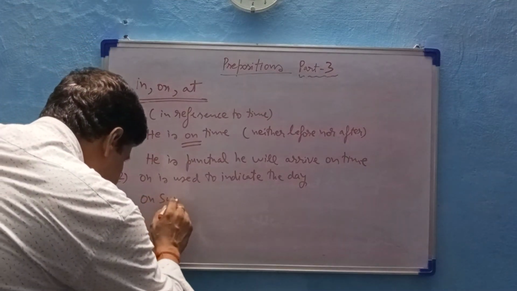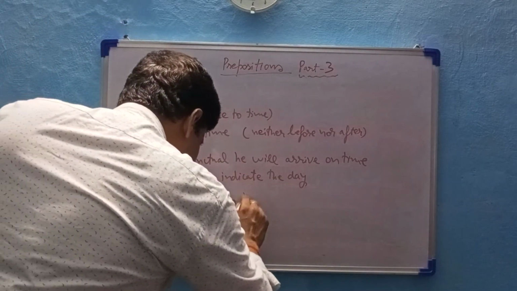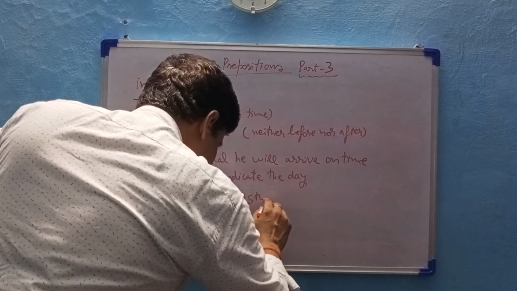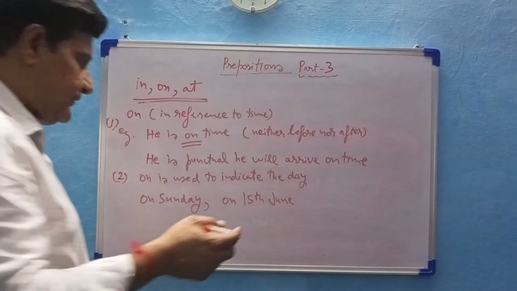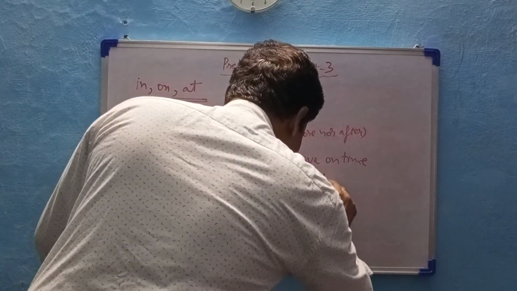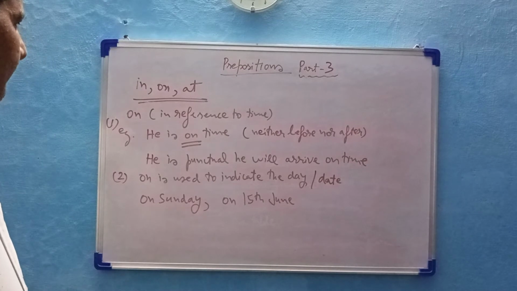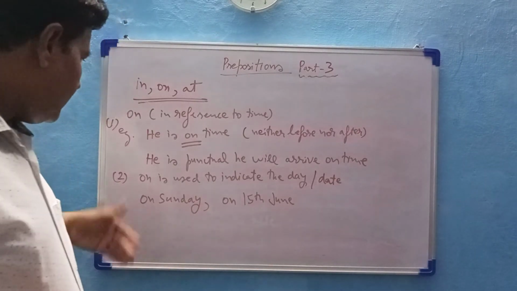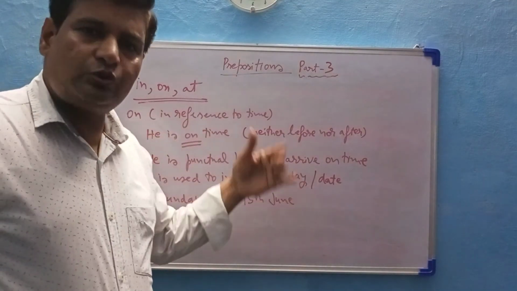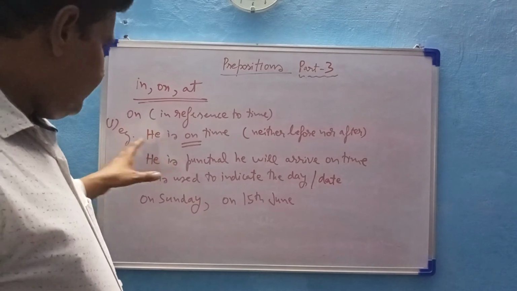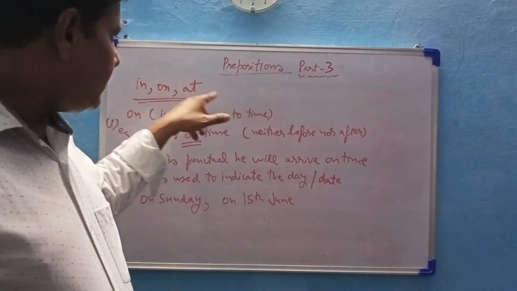On Sunday, on 15th June. It can indicate day or the date. Here you can understand on through various examples. You can frame your own examples also. I hope you have understood the uses of in, on and at.